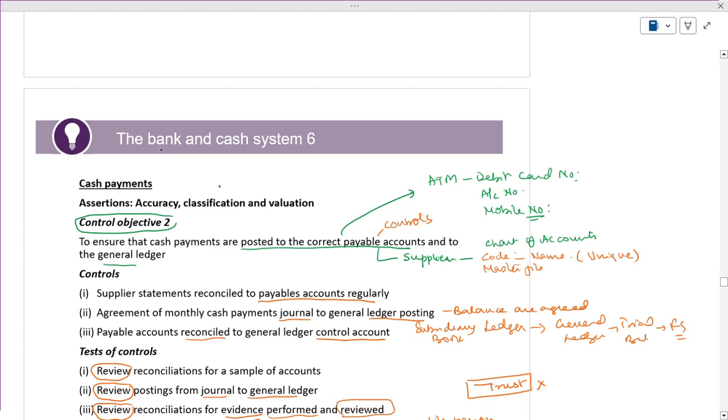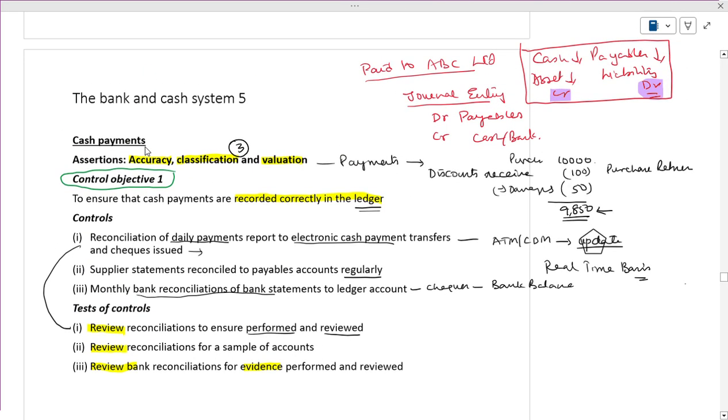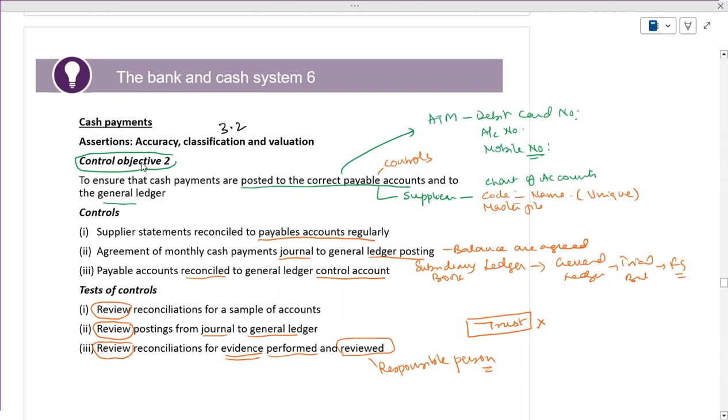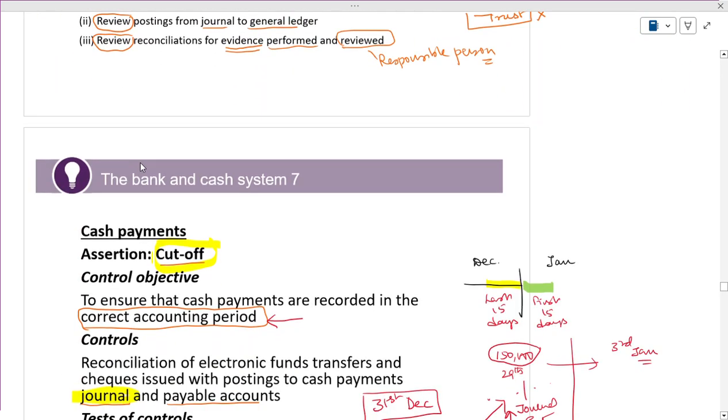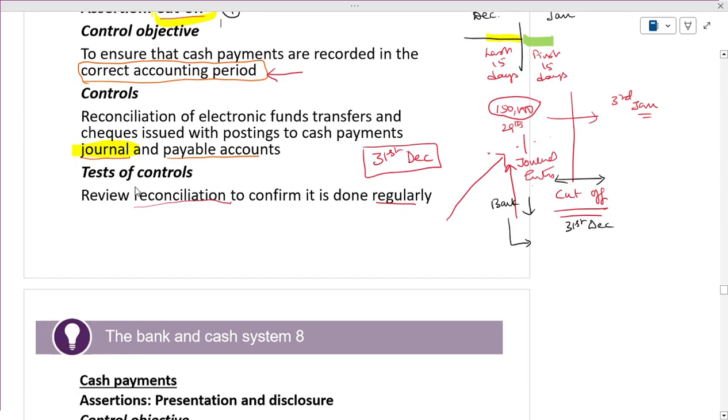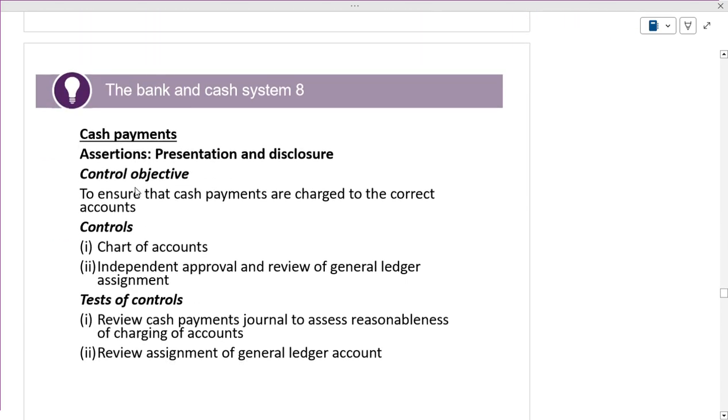This is also 3.1, and this is 3.2, because there are two objectives: objective 1 and objective 2. Next, you have cutoff, which is point number 4. Assertion 4. Next, you have presentation and disclosure, point number 5.